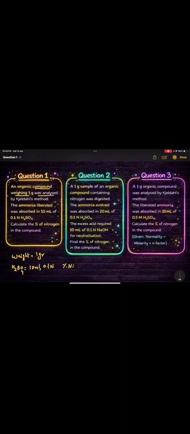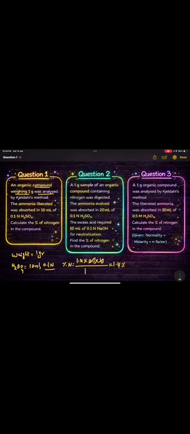Since no base is given, we can directly substitute in the formula. Substituting the values, that is 1.4 into normality which is 0.1 into volume which is 10 ml, by weight of organic compound. So we get 1.4% as the answer. So this is the first question's answer.